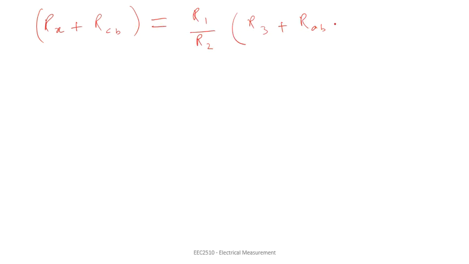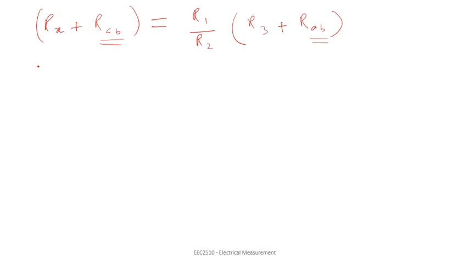This is the normal bridge equation which we had also seen in the previous lecture. The only change is that these resistances, RCB here and RAB here, are being added. If you remove these resistances, this becomes Rx equals R1 by R2 into R3, the same equation as in the previous lecture.